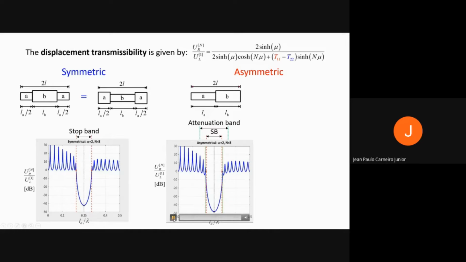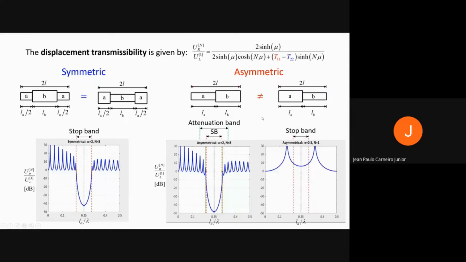So essentially, as you make your number of elements large, you reduce the effects of the boundaries, and this tends to behave in the same way as symmetrical elements. If we flip this structure now, you can see for one cell, now A is greater than B, and there is no longer a stop band, no longer an attenuation band.